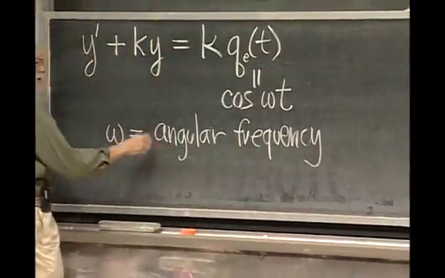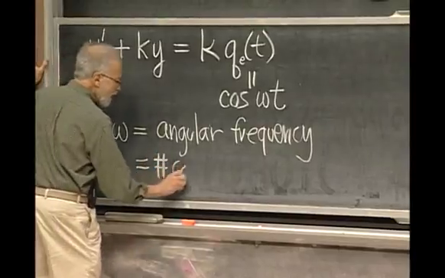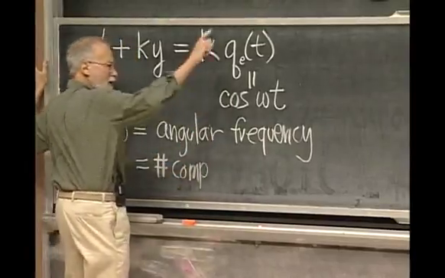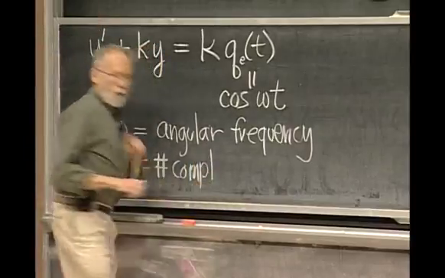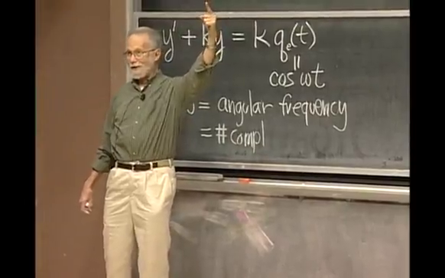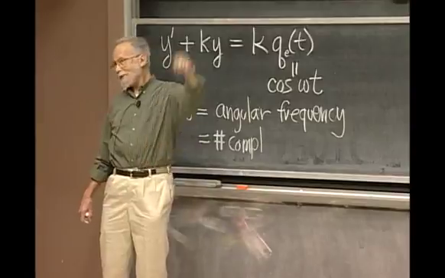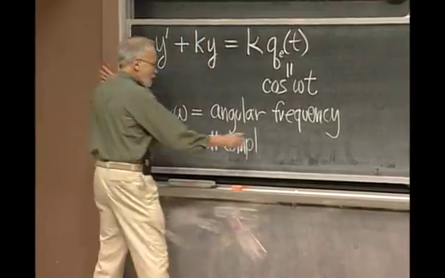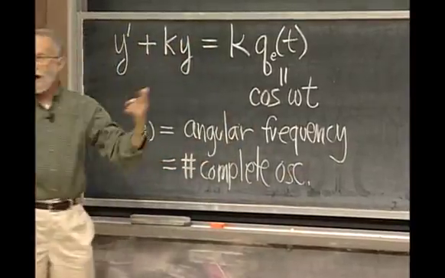It's the angular frequency. In other words, it's the number of complete oscillations. This cosine omega t is going up and down, right? A complete oscillation is when it goes down and then returns to where it started. This is only half an oscillation because you didn't give it a chance to get back. So the number of complete oscillations in how much time?